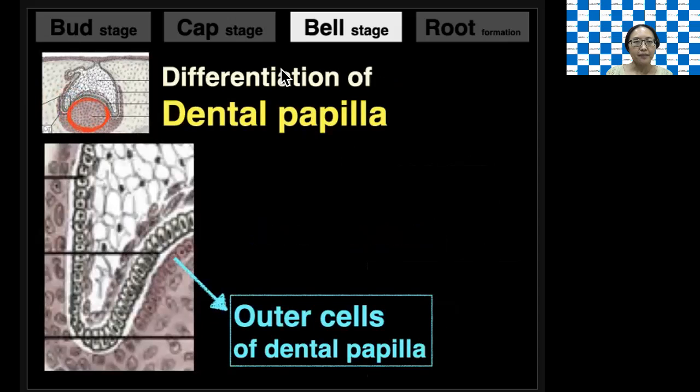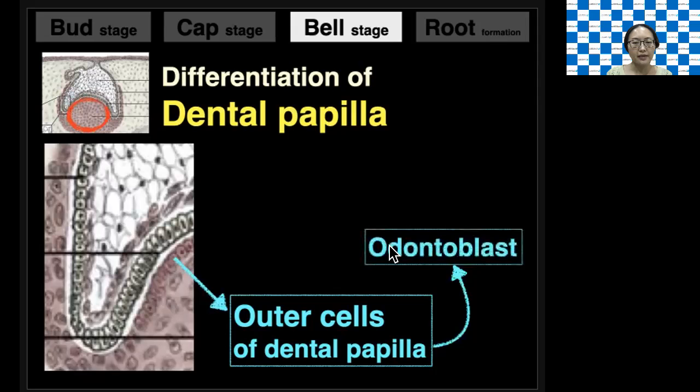At the same time, there is the differentiation of the dental papilla. We can see the outer cells of the dental papilla just adjacent to the inner enamel epithelium of the enamel organ. The outer cells of the dental papilla will differentiate into the odontoblasts.